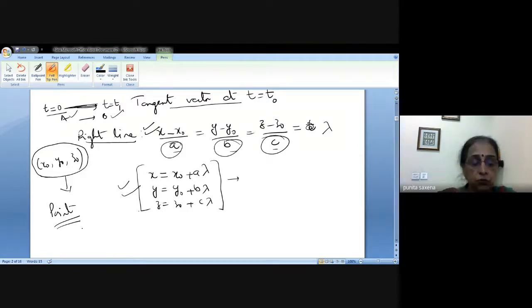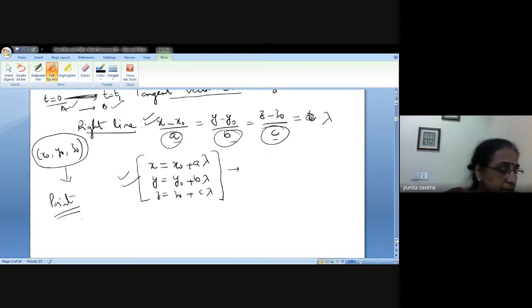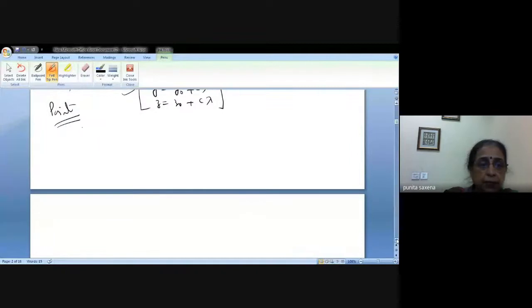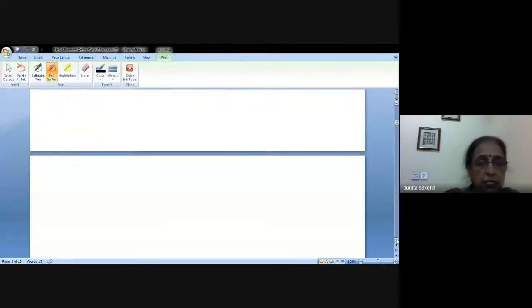So what we do to find a tangent vector, like supposing, let's take an example. Let's take this. I am interested in finding a tangent vector. This is example number 3. I'm interested in finding a tangent vector at a point P naught where t is equal to 0.2.